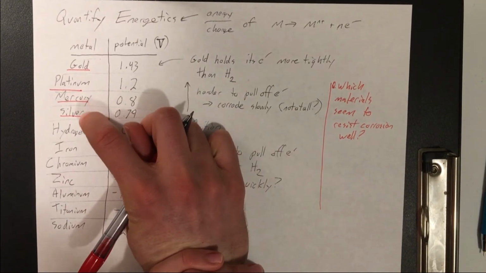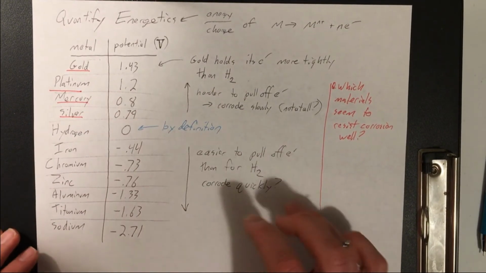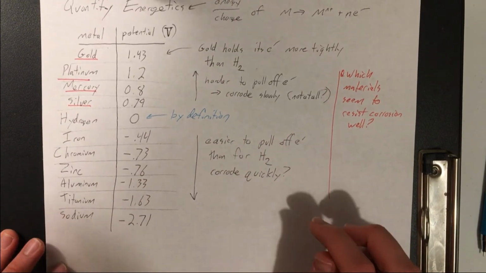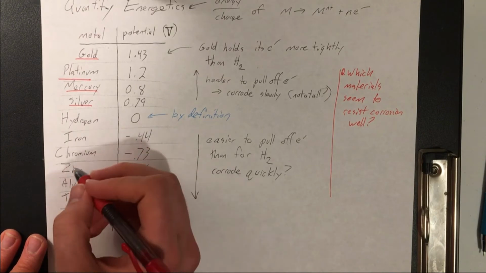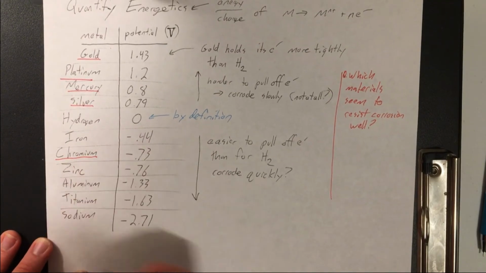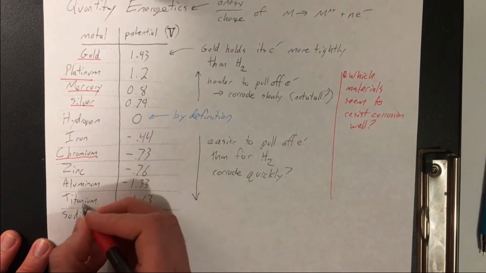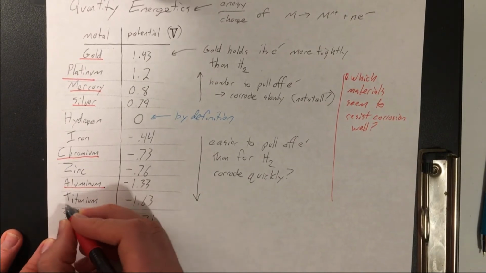That's what people used to make old school dental fillings. But there are also a handful of metals down here that seem to resist corrosion well. For example, chromium can, and aluminum, and titanium can.